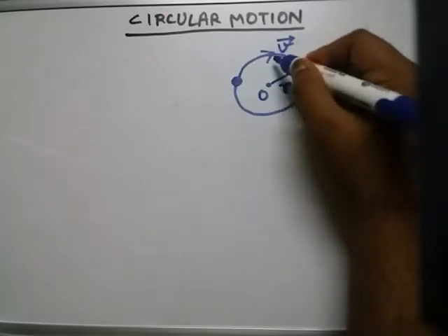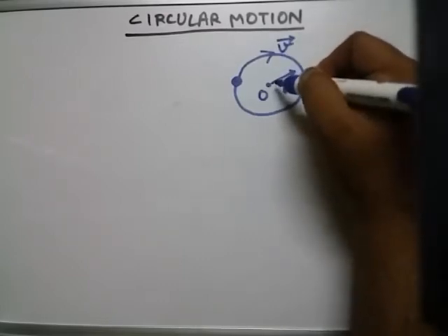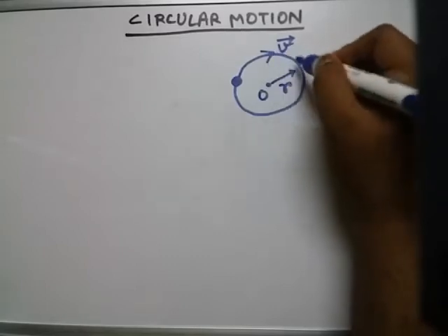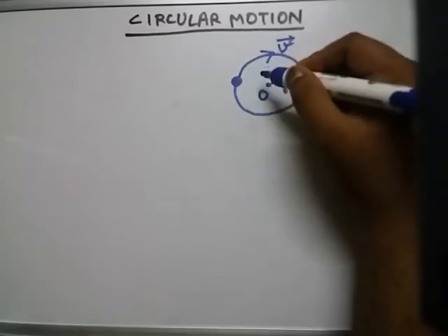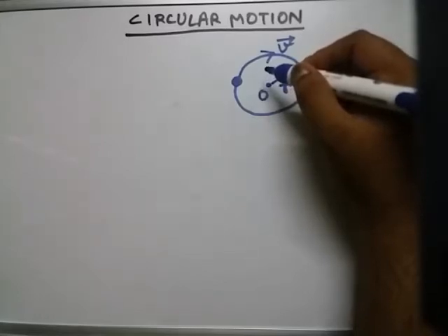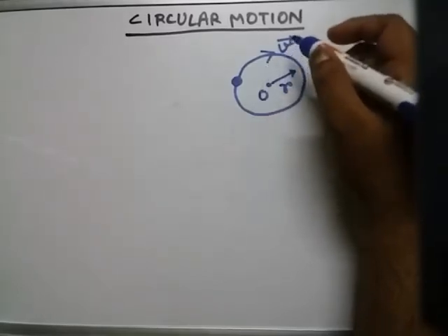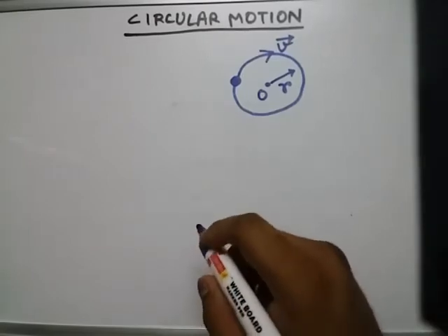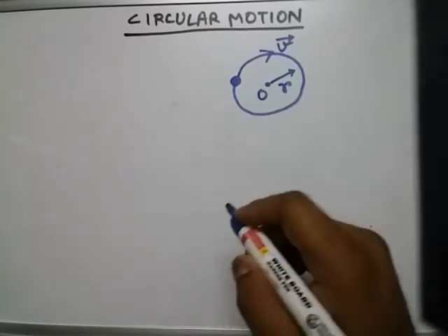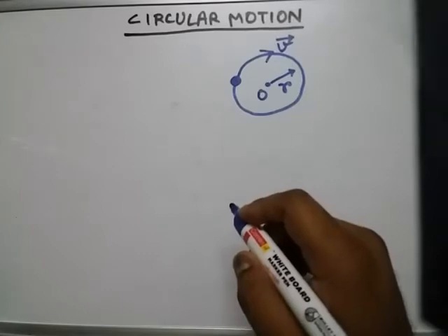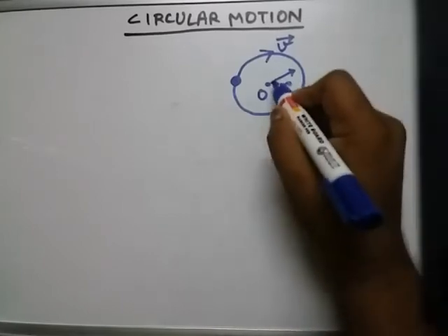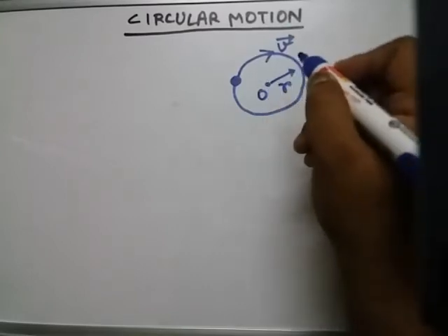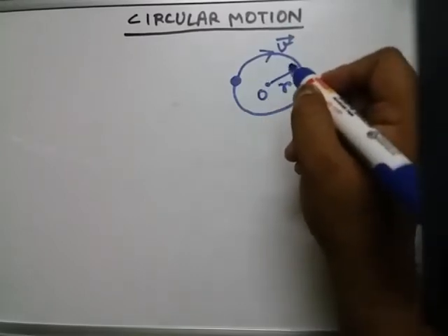If the particle moves about a circle of radius r and center O with a uniform speed v, then the particle is said to be following a uniform circular motion. Now, when a particle follows a uniform circular motion, it undergoes an acceleration towards the center O, and that acceleration is called centripetal acceleration.